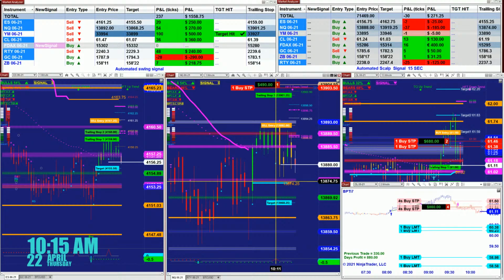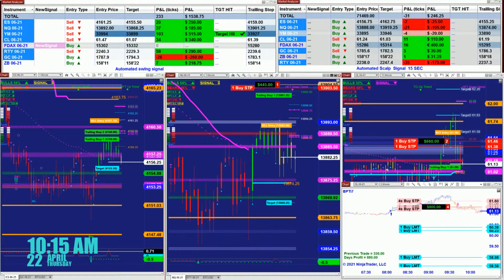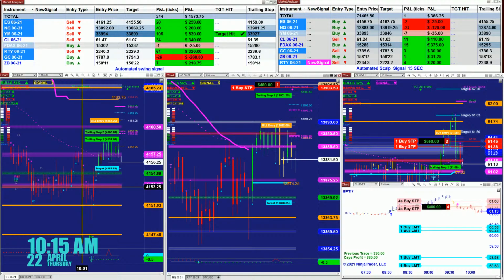We said where those re-entries on the ES are. I'm concerned about the projection on the ES at 41.54 and the support area 41.53.25.